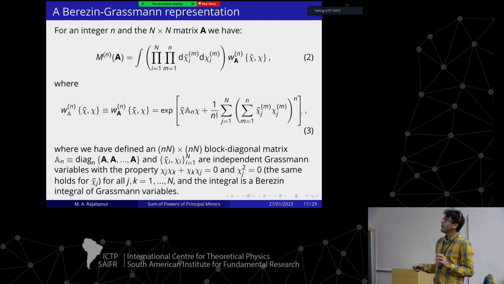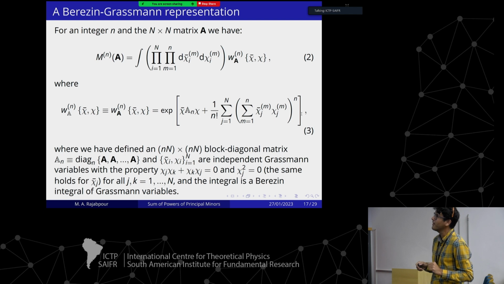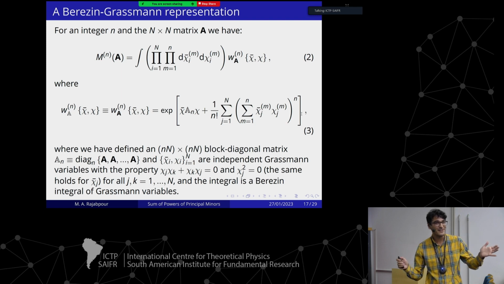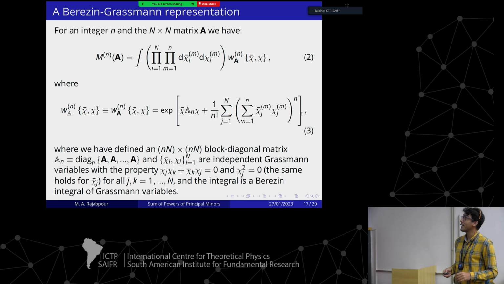And then, as I said, you just need to expand this, use the rules of Grassmann integration, and then you see that this is actually correct for any matrices. Okay? I don't know how many people are familiar with Grassmann integrations, but it's a wonderful thing. I love it. If you haven't heard about it, just take a look. This is pretty nice stuff.